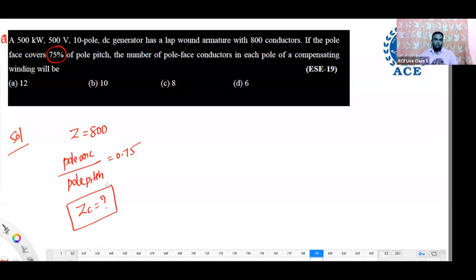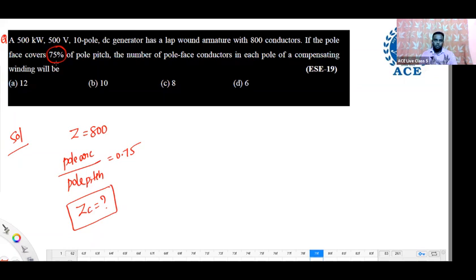Compensating winding, how many conductors are required? What is the current in the compensating winding? IA only. The same current IA will flow. So the compensating winding will neutralize the effect of armature reaction in the polar region. What is the polar region? How much? 75%. One pole totally, the pole pitch, is 180 degrees. In that, 75% is covered by the pole face. Means in that 75% only it will neutralize the effect of armature reaction.